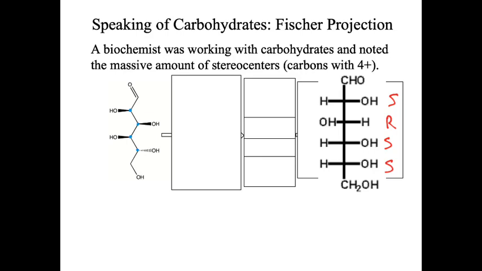If we go through and look at this, OH versus H. Well, isn't OH higher priority? Yeah, and that would be on the right-hand side, but notice I made it S. We look at the next one. Where's the OH? Left-hand side. And which one's that?